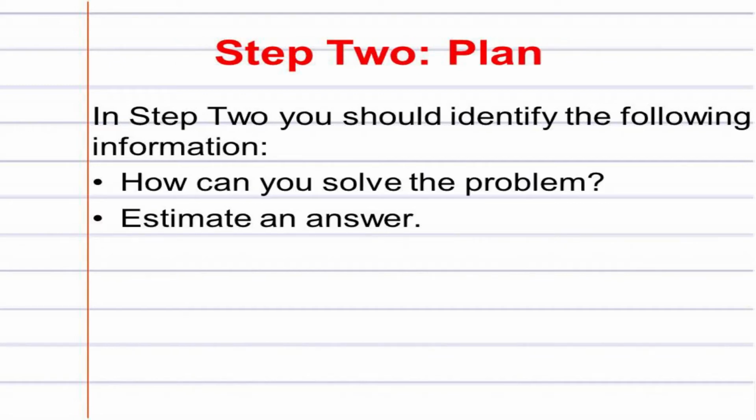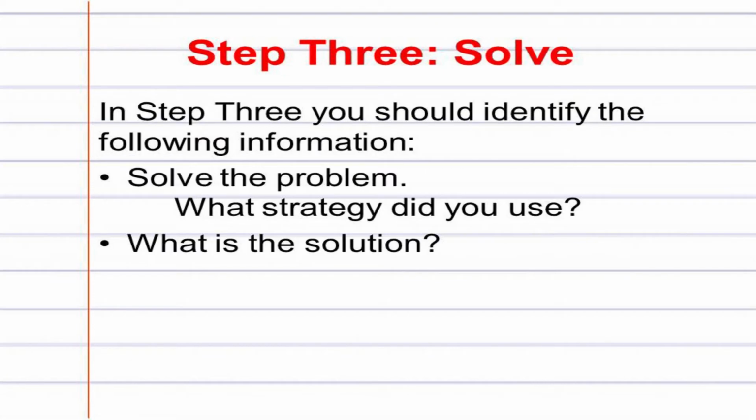Step 2, plan. With this one, you should identify the following information. How can I solve the problem? Estimate and answer. Then step 3, let's solve, or let's try to perform the solution of the given problem.